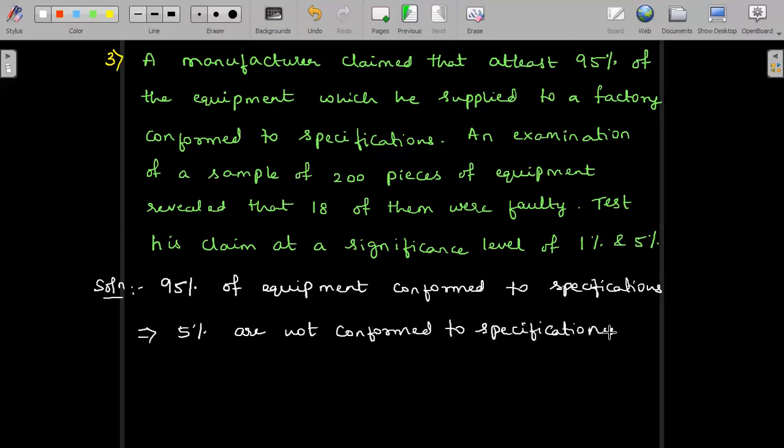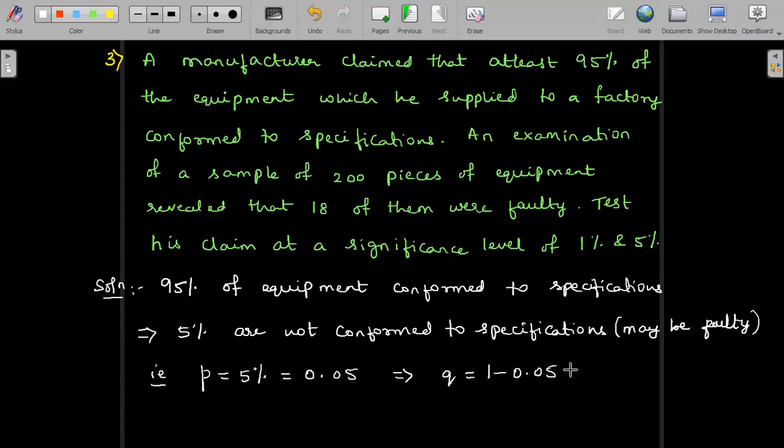Means 5% are assumed to be faulty, that is, maybe faulty. So that is P equal to 5%, which is 0.05. And this implies Q is 1 minus 0.05, which is 0.95.